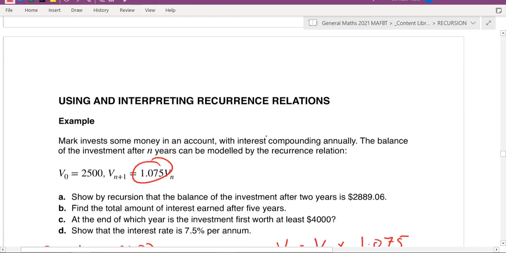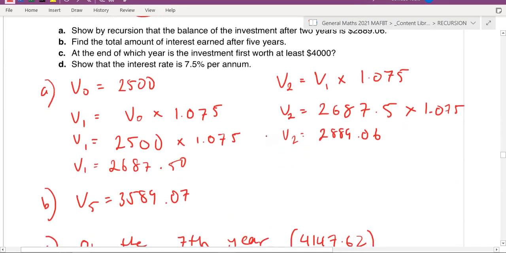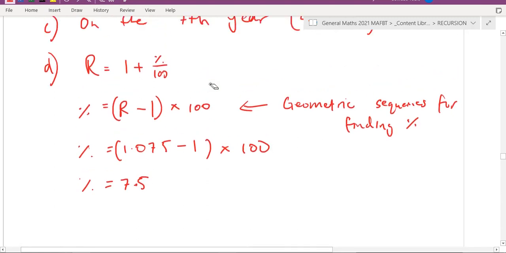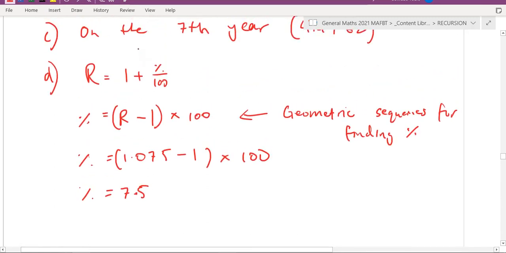Also, part D of these questions will ask you to prove that the interest rate was this. Normally this is the rule to find the R value, but if you want to find the interest rate, we use this formula. That's if it is increasing. If it's decreasing, which we'll see a little later, it's slightly different but similar.